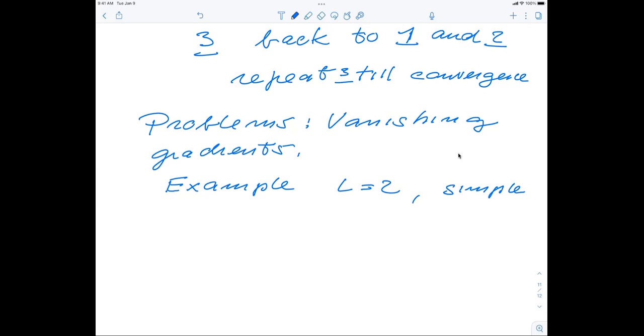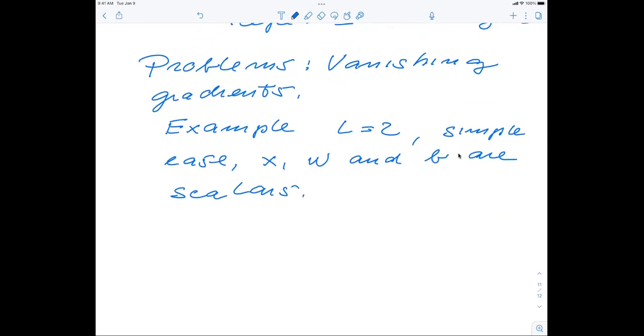So let's assume that we have a simple case and that x, w, and b are just scalars. So what that means is that the output which I get from my network, I'm just going to call this f of x as a function of theta. So this function f is my output. This is what we called y tilde.